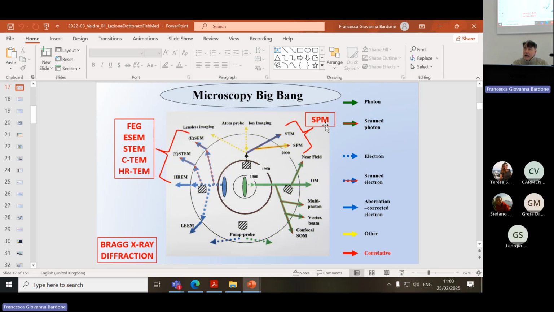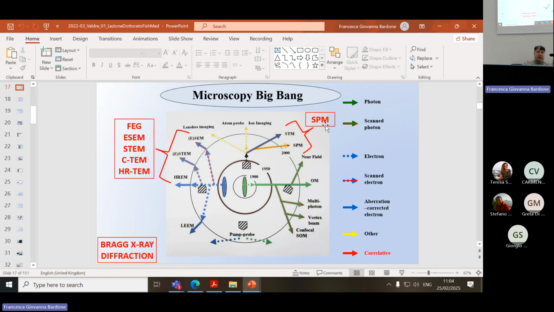What are these SPM? Scanning probe microscopes are a different type of instrumentation. They don't use electrons as the electron microscope does, but you have a probe. I will show you in the next lecture what a probe is in this case of SPM.